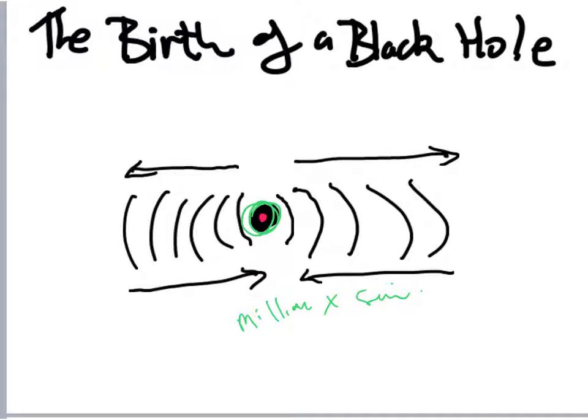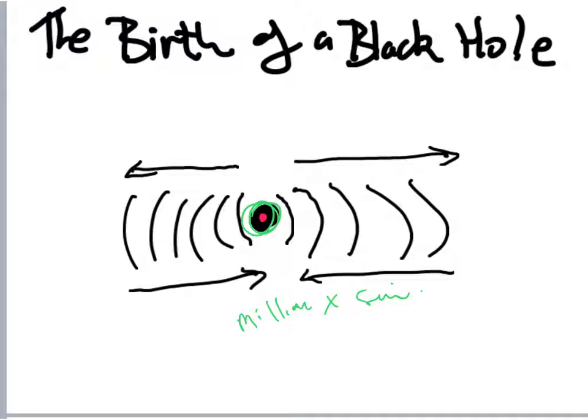Some people think that in the middle of a black hole, there might be an object that has 1 billion solar masses. What that means is that whatever is in the center of that black hole is 1 billion times more massive than our sun.